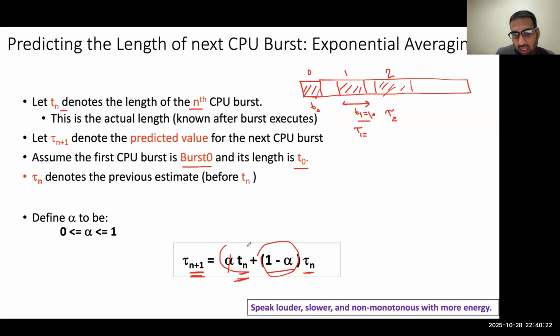This component, alpha, is the weight you are assigning to the actual measurement of a burst, Tn, and here you are assigning weight to the estimation of a burst, tau n, right?